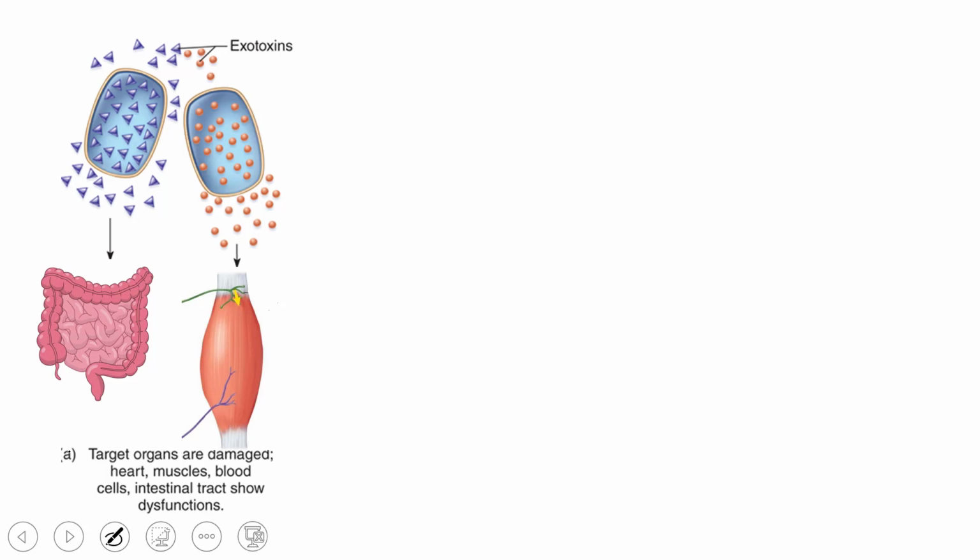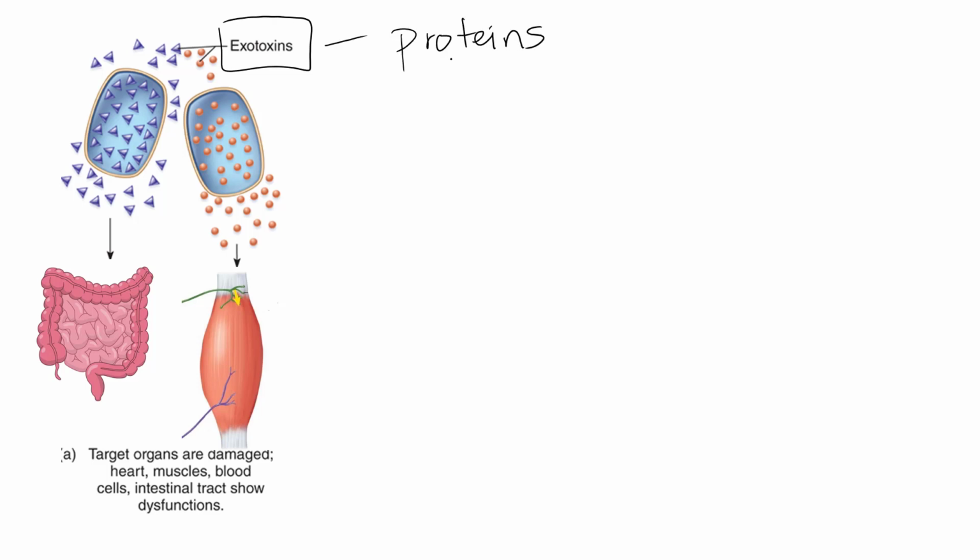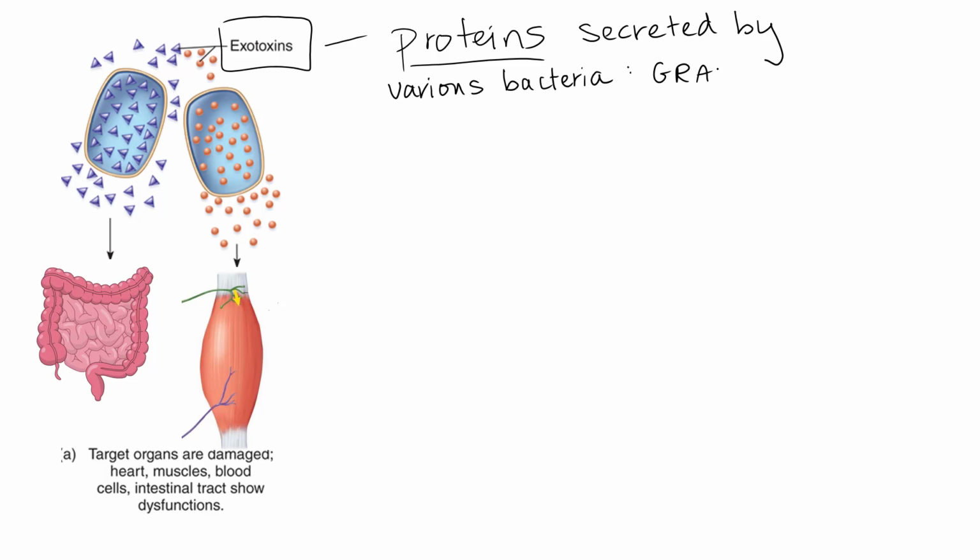Exotoxins are actually proteins, and these are proteins that are secreted by various types of bacteria. Both gram-positive and gram-negative can secrete exotoxins.